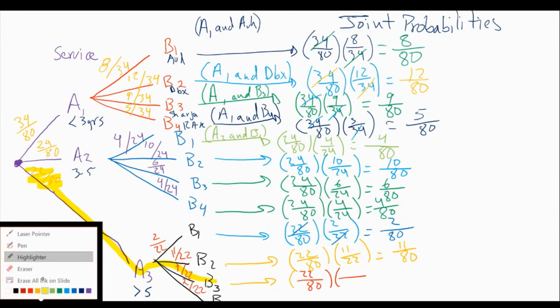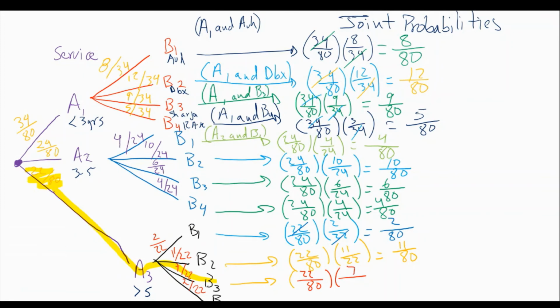So 7 divided by 22, which is 7 divided by 80. Our last one is 22 divided by 80 times 2 divided by 22, which means 2 divided by 80.